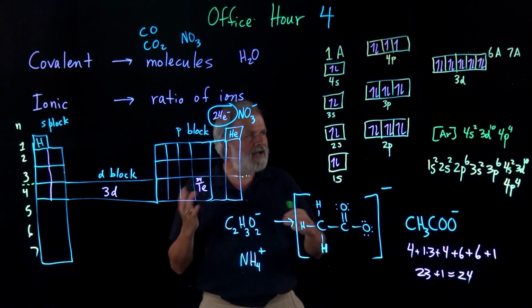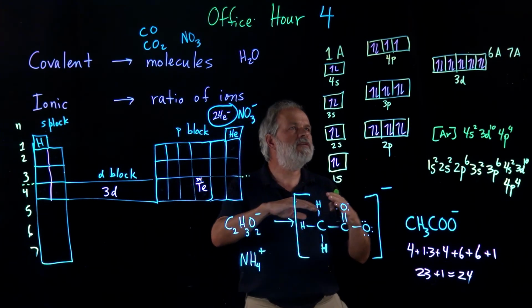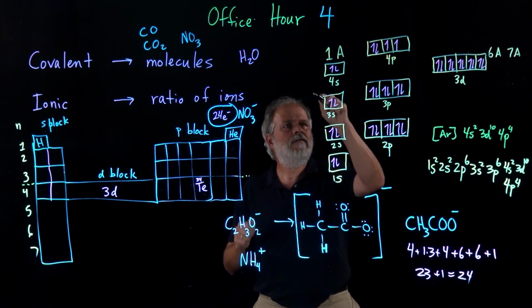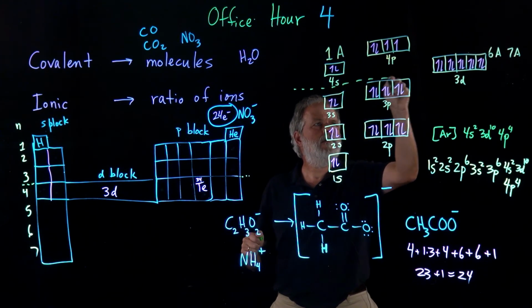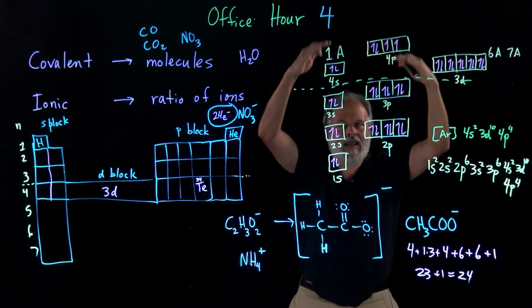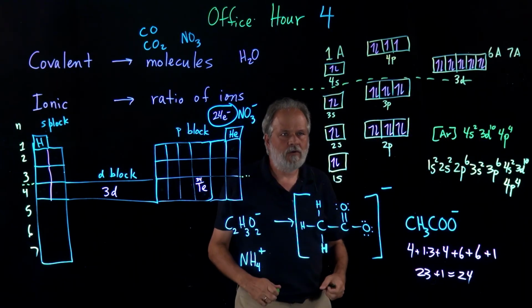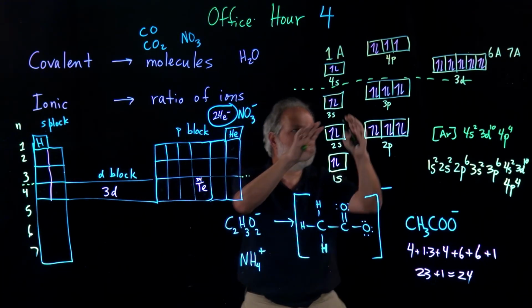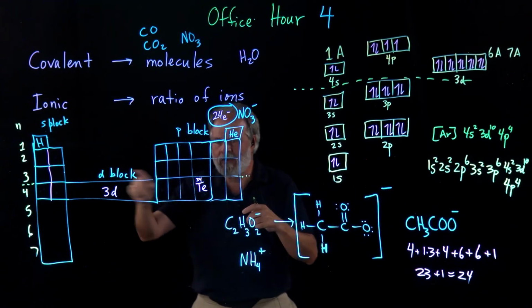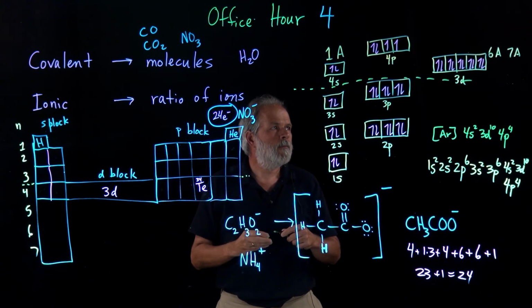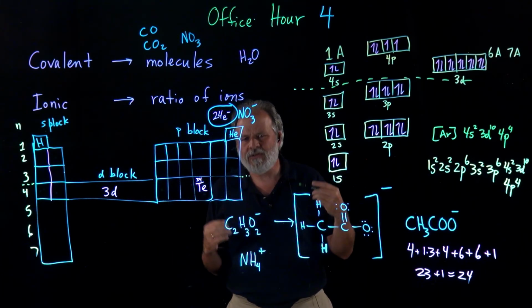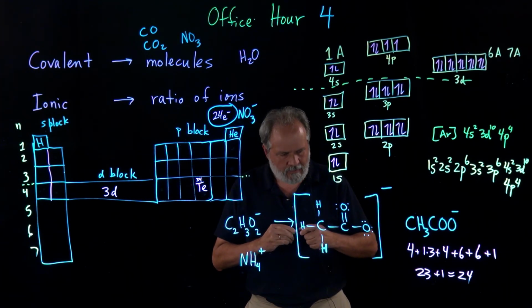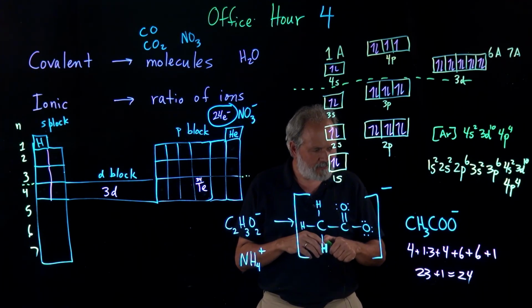And for the orbital boxes, the shortcut would be just this part of the diagram after the 3rd row in the periodic table has been filled, not the 3rd shell, the 3rd row in the periodic table. So that's how you do electron configuration. Sorry, it's rather long and involved, but that's how it works.